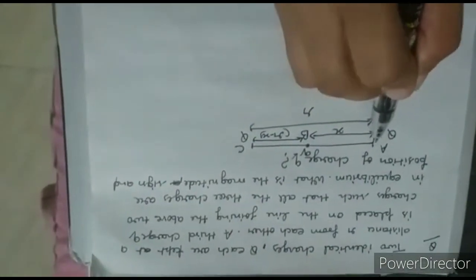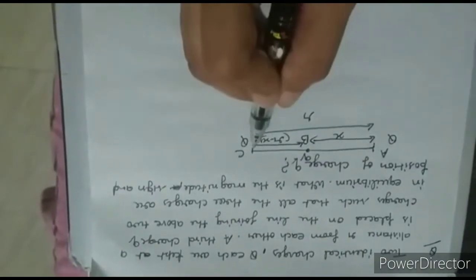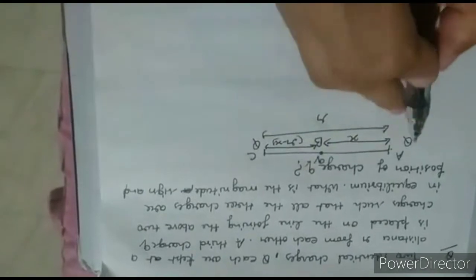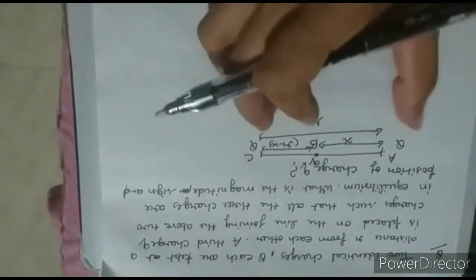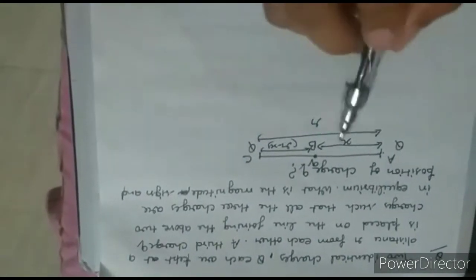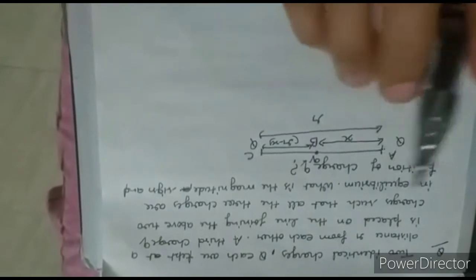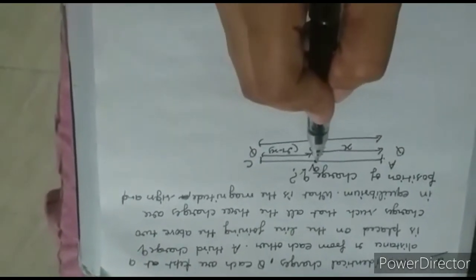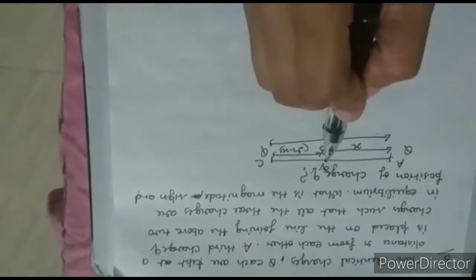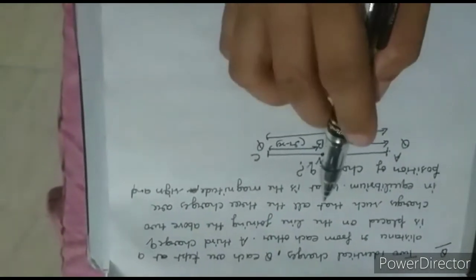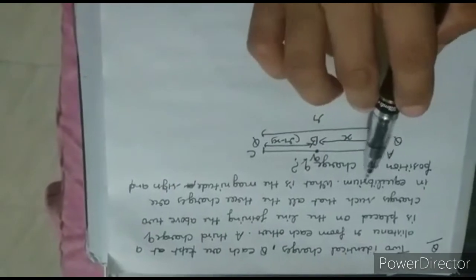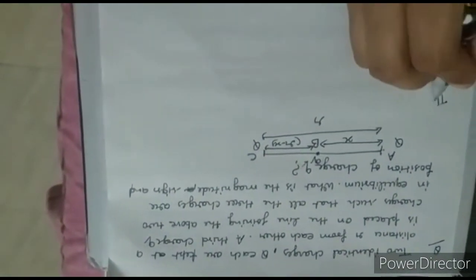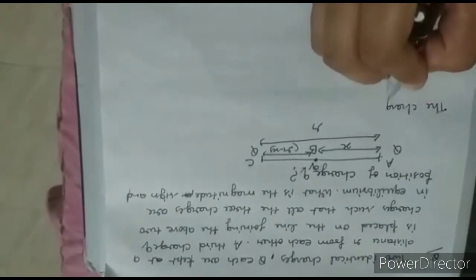Now we have two charges capital Q placed at the points A and C, and these two charges are separated by a distance r. Now the third charge small q is placed at point B, such that all three charges are in equilibrium. I am starting the solution.